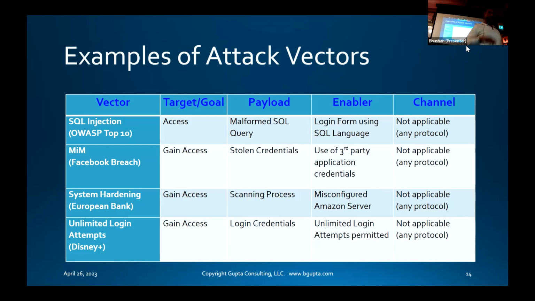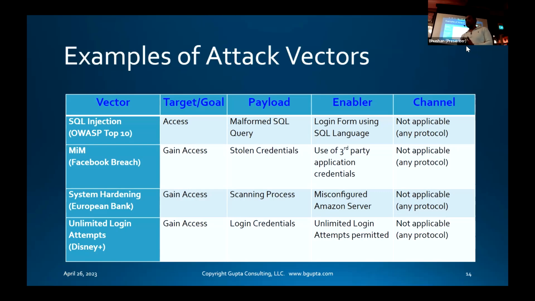And earlier systems were written in a way that the admin would be the first user, and they could easily get to the admin. That's why SQL injection was the top attack vector. The next one is the man-in-the-middle attack. This is an example of a Facebook breach.